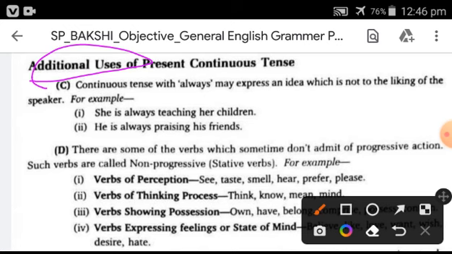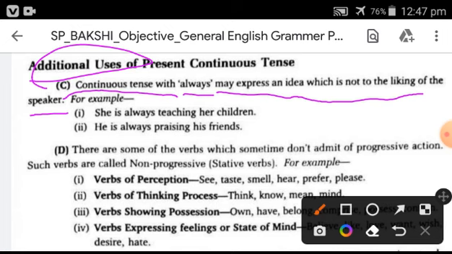Continuous tense with always may express an idea which is not to the liking of the speaker. Let us check it out with an example. She is always teaching her children.